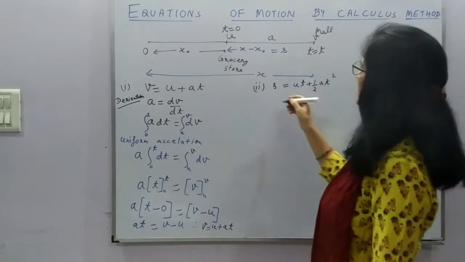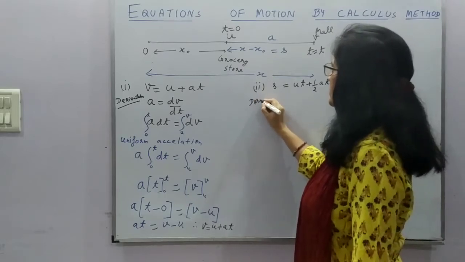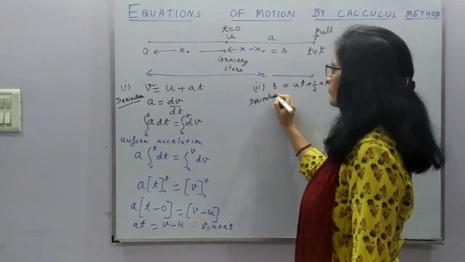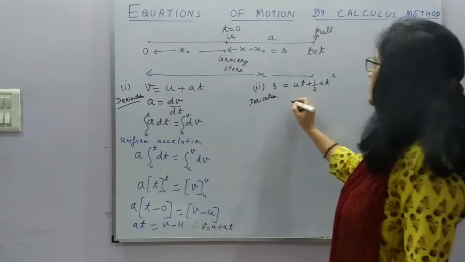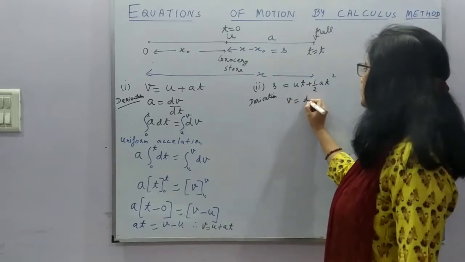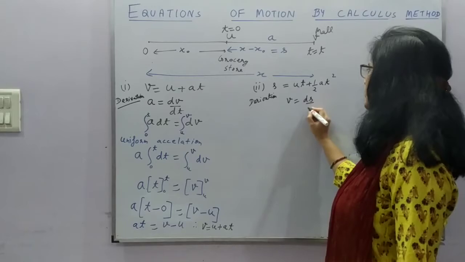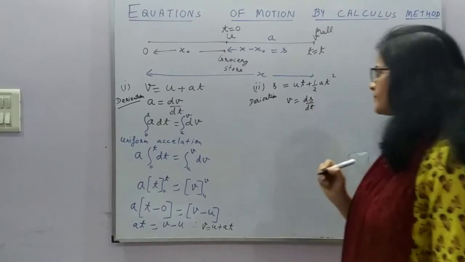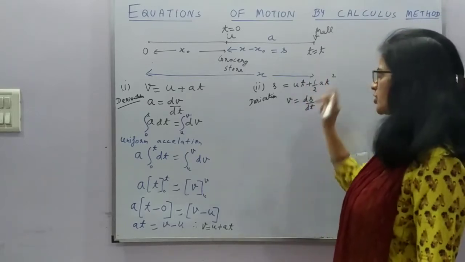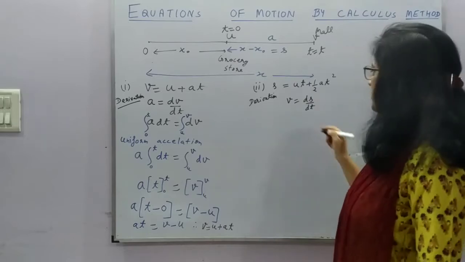So from here we can start its derivation by using this. v is equal to rate of change of displacement. Straight line motion, one line motion, so displacement and distance are same in this case.